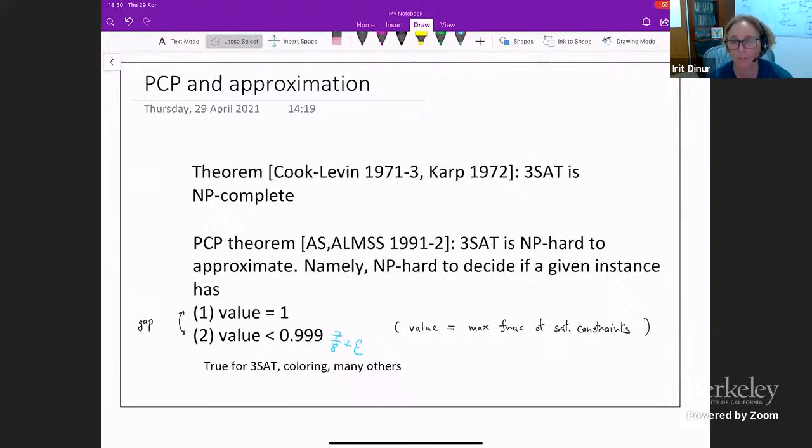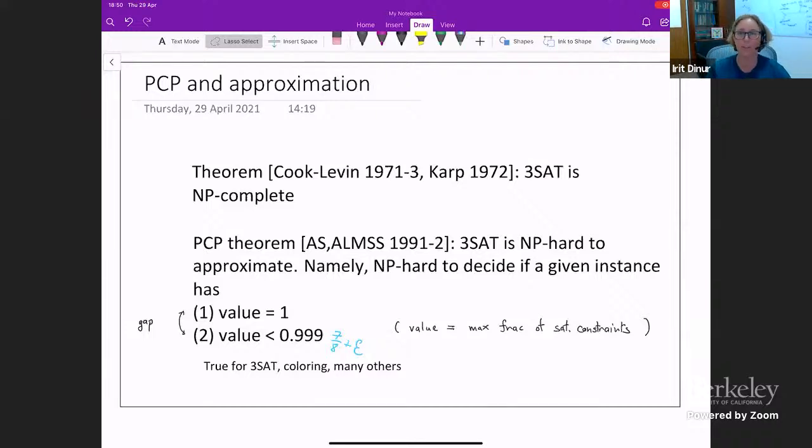It's the maximal fraction of constraints that are satisfiable. You go over all possible assignments to the variables. Each assignment satisfies some of the clauses and doesn't satisfy some of them, so it has a value, a number between 0 and 1. The value of the instance is the highest such number. There could be more than one assignment attaining it, and this would be the value.